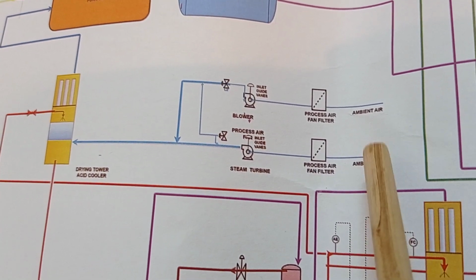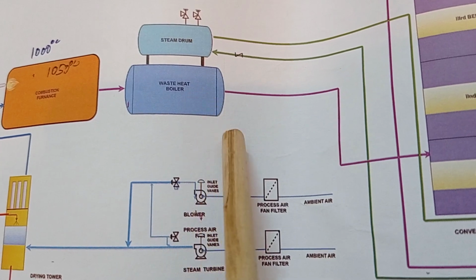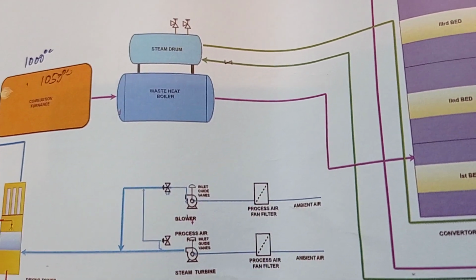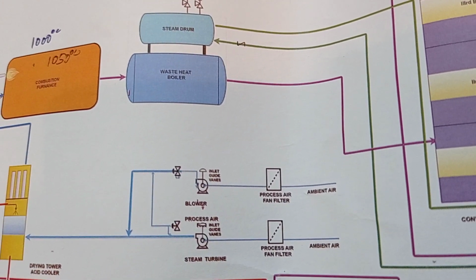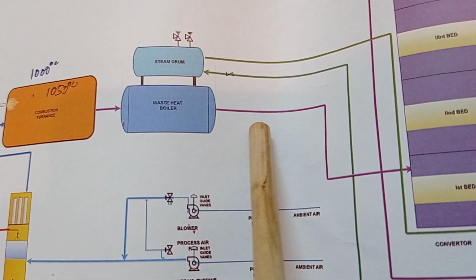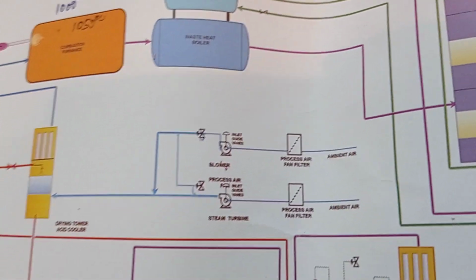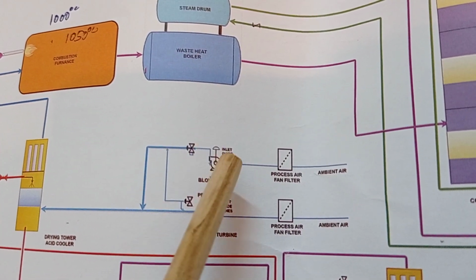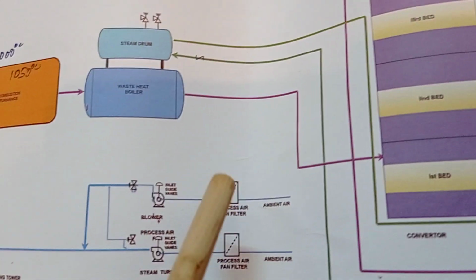The first time we use the startup blower, and once we get the pressure in the steam turbine up to 60 kg per centimeter square, or 40 or 30 or 25 kg per centimeter square, these pressures depend upon the design of the turbine. Once we have the steam, we change over to the steam turbine, and with the help of the steam turbine we run this plant. So this blower is used only the first time, when we don't have temperature or pressure.